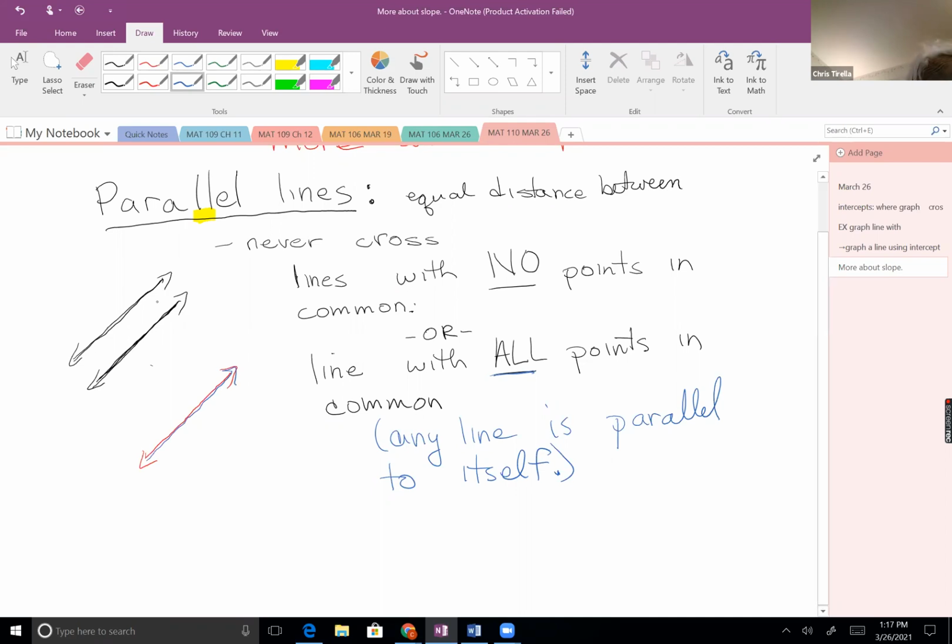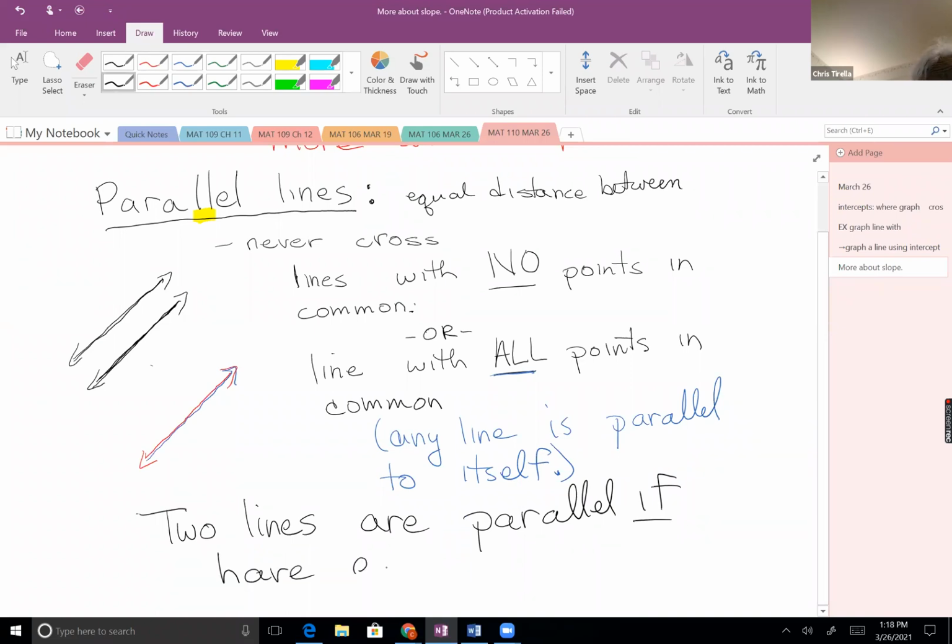And in order to go in the same direction, to have the same slant, well, the measure of slant is slope. And so we'll say that two lines are parallel if they have equal slopes.